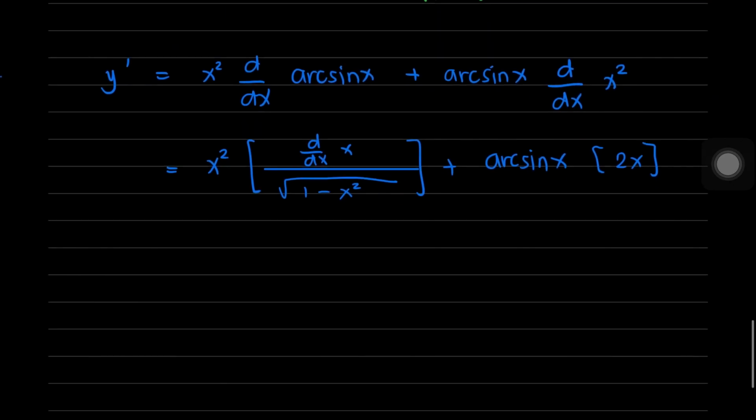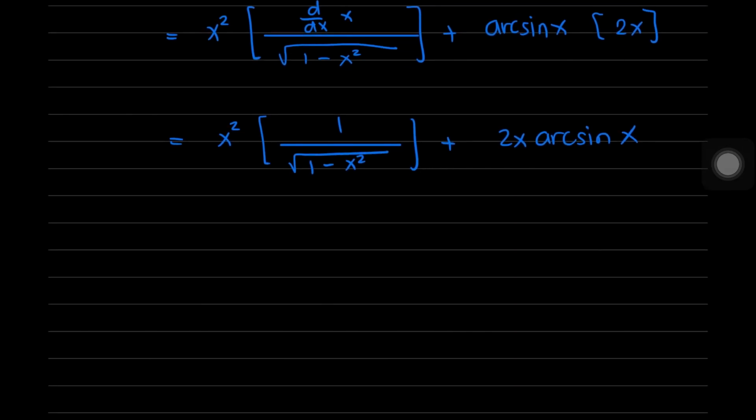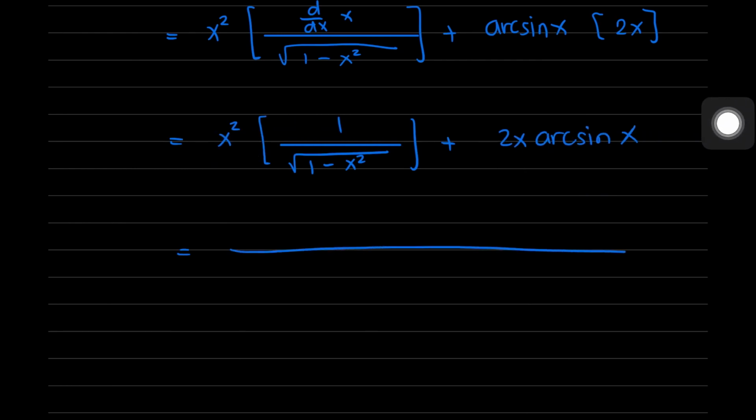So if we're going to simplify this one, that would now be x squared multiplied by 1 all over the square root of 1 minus x squared plus 2x arc sine of x. And if we're going to combine these two terms, the LCD would be the square root of 1 minus x squared.